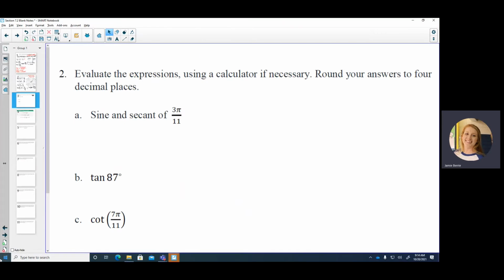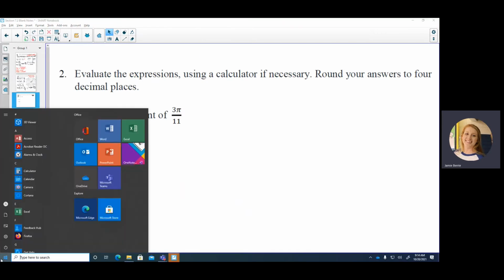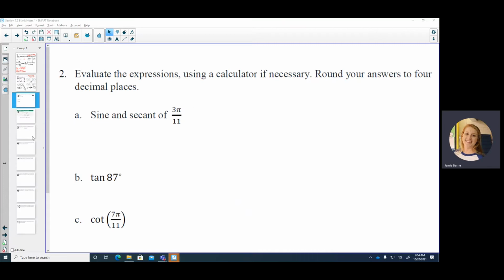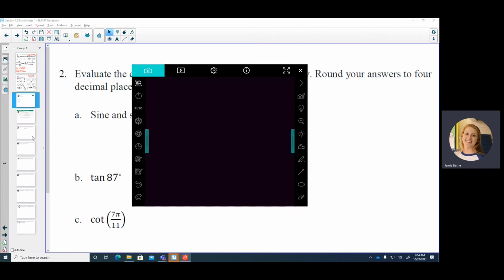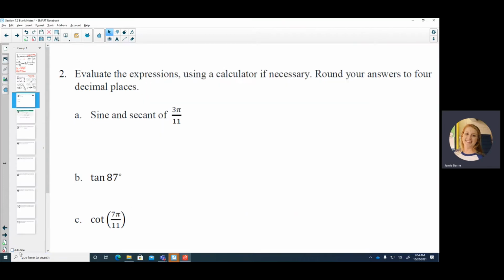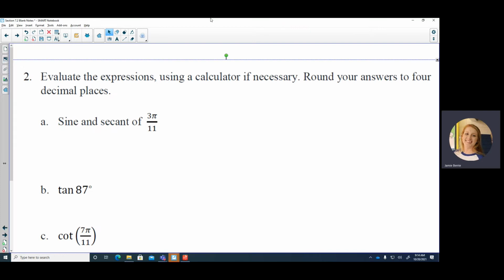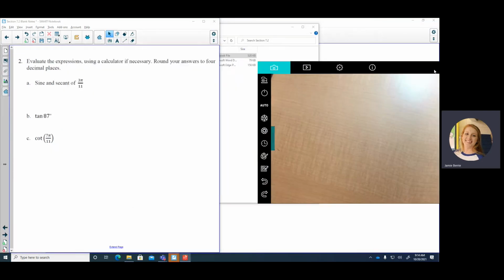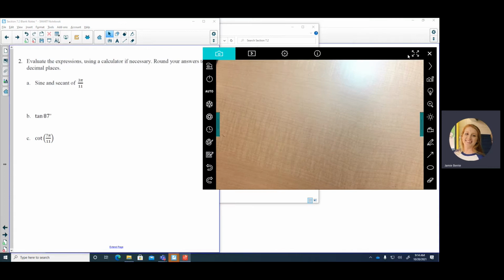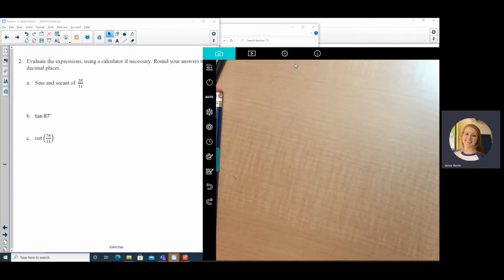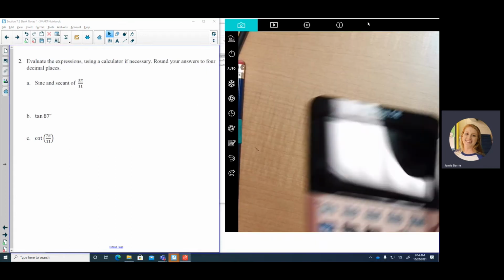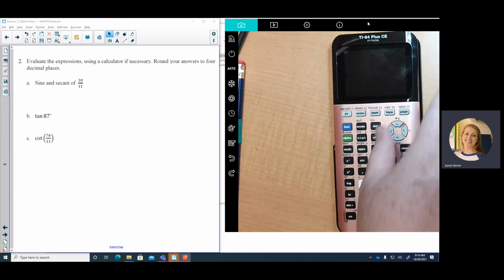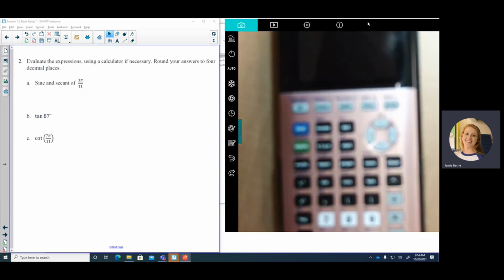So let me pull up my document camera. All right, so here we go. Zoom that in a little bit.